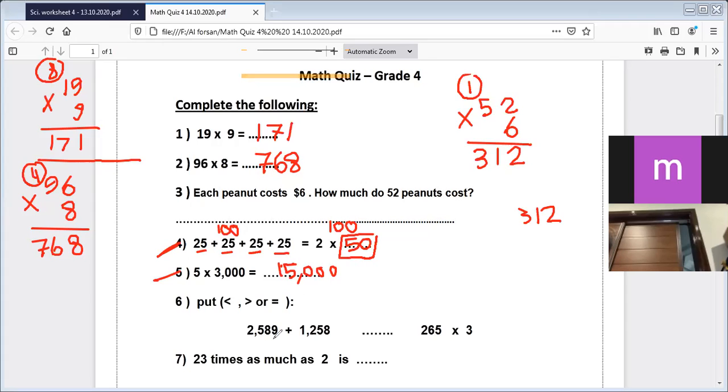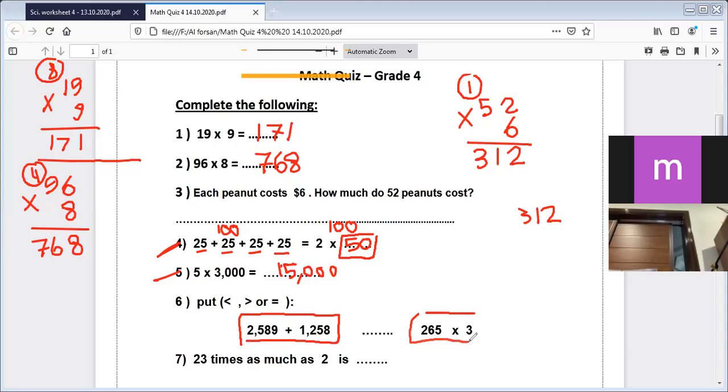This one, I'm going to add this number to this number to know what is the answer of this addition operation. And this one for the multiplication operation. 3 times 5 is 15. 5 carry up 1. Then 3 times 6 is 18 plus 1, 19. 9 carry up 1 as well.